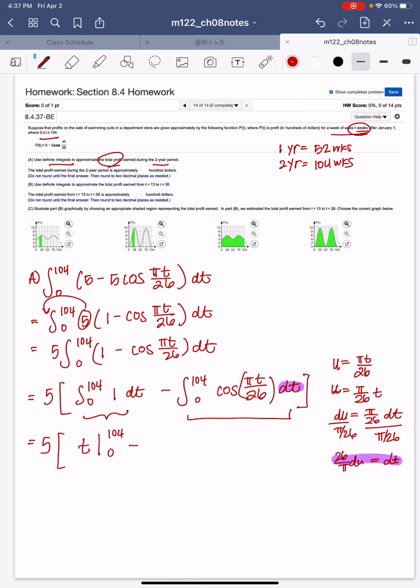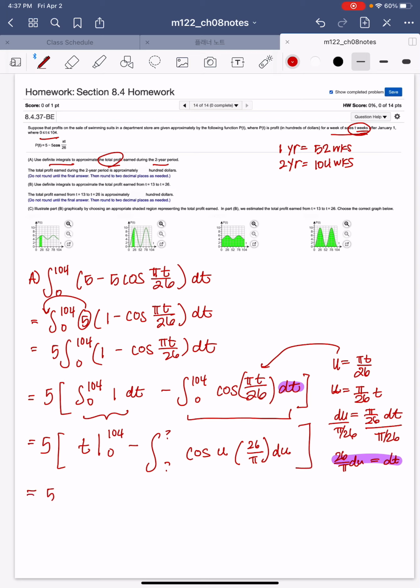Okay, so let's keep going. If I substitute it, I'll leave the limits as a question mark for now because it's a du. So I have cosine of u, that's my u, dt will be 26 over pi du.